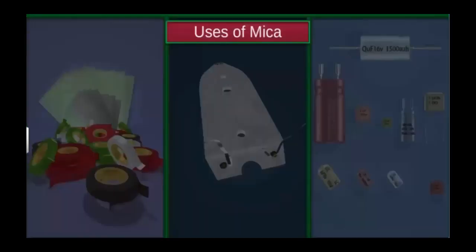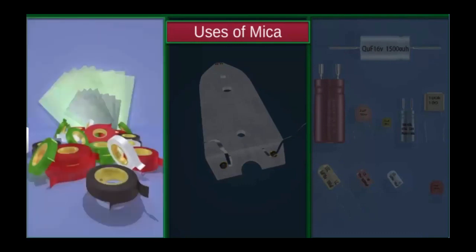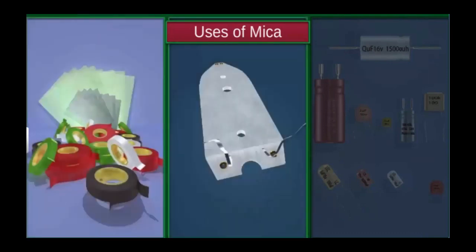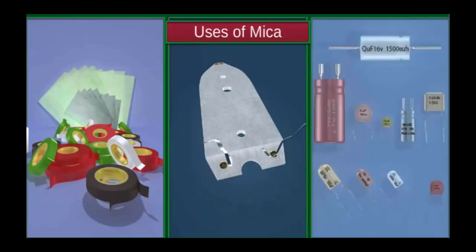Mica is used extensively in the electrical and electronics industries to make insulating materials, heating elements like the one found in your electric iron, and capacitors used in electronic circuits.